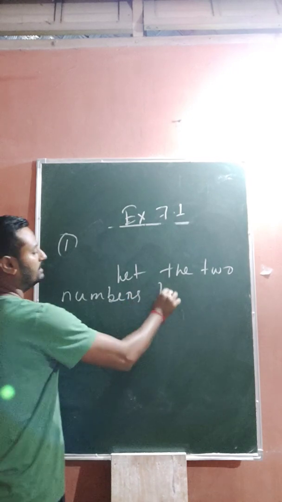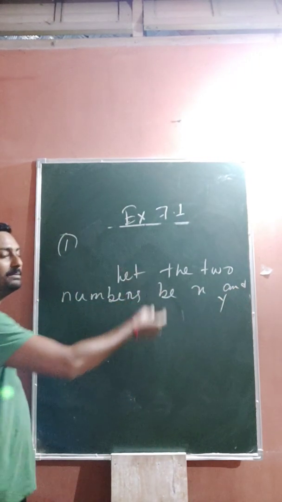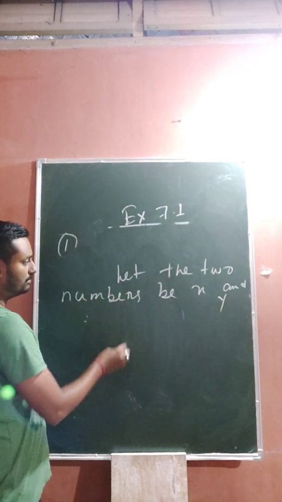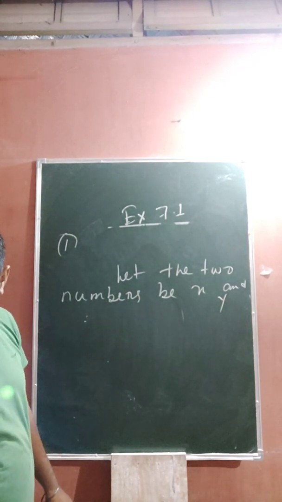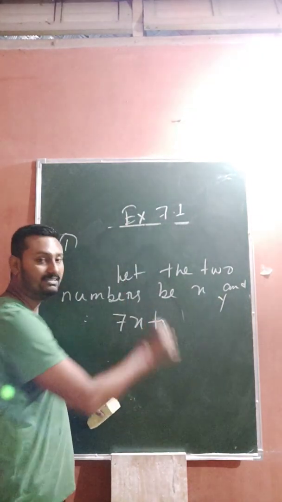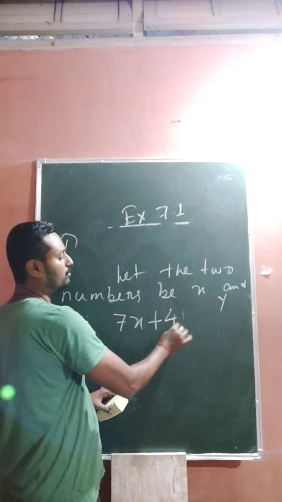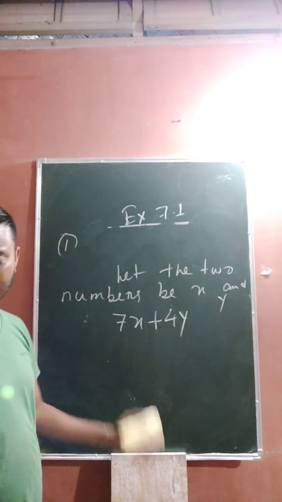Let the first number be x and the second number be y. And the expression will be what? 7 times a number, that means 7 into x, added, that means plus, 4 times the other number, which is 4y. Okay, clear?